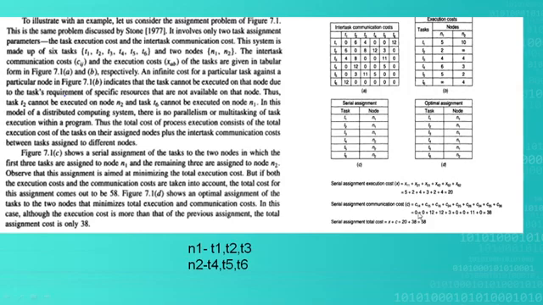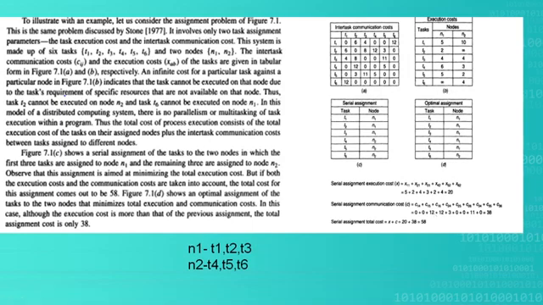Next, check T1 to T5. The cost is 0 again; these are also independent tasks. And then T1 to T6. See here C16. T1 to T6, the cost is 12, so it is written as 12.